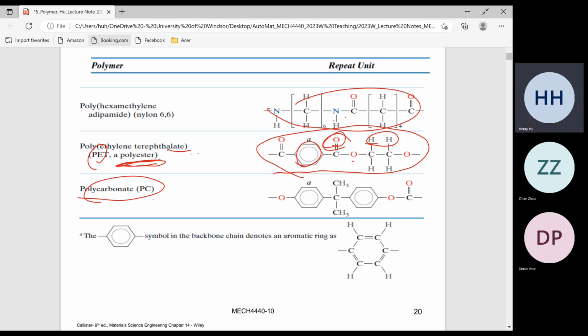Basically you have 6 carbons forming a ring, and 3 carbons in this ring are connected to the other carbon with a double bond, and the other 3 carbons with a single bond, and then the carbons also connect to 4 hydrogen atoms in this ring structure.